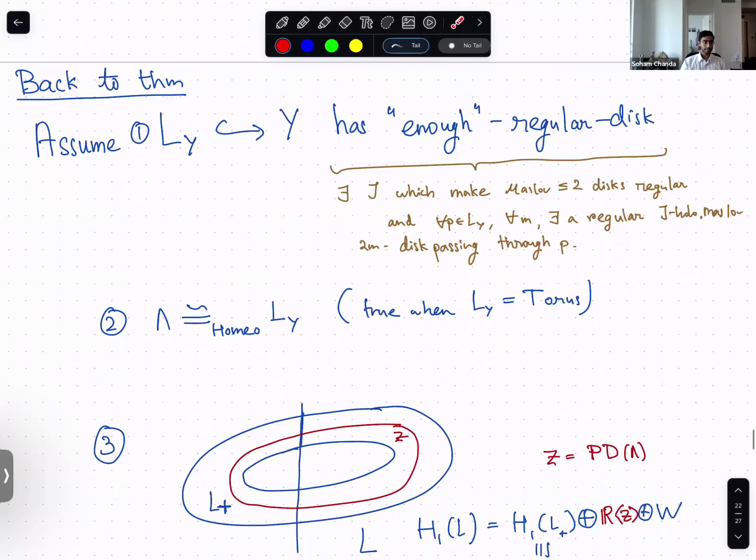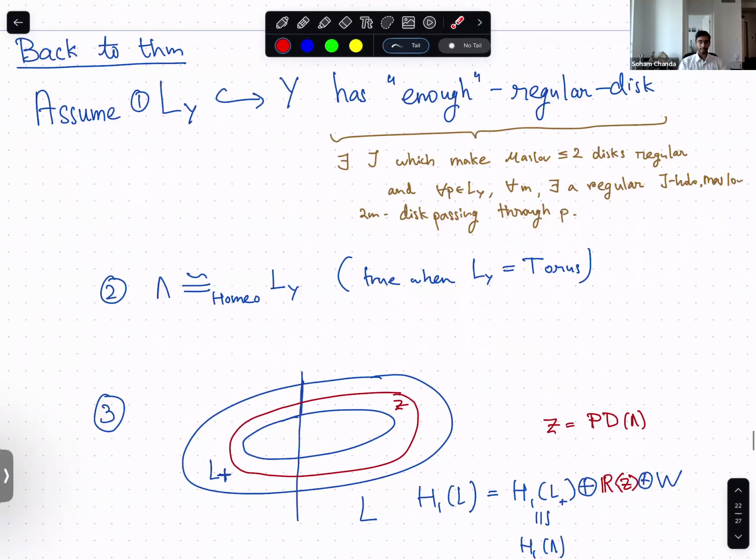Now I can get back to the theorem. Some of the conditions are very basic and expected: I want the Lagrangian to be monotone, compact, oriented, spin, and so on. I will tell you the things which are new, which are not standard. First, I need to assume that the profile I was using was a Bohr-Sommerfeld profile over some Lagrangian L y.